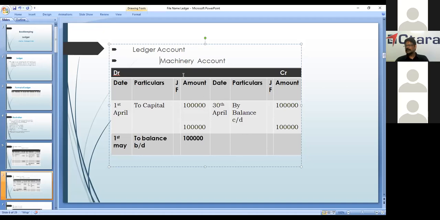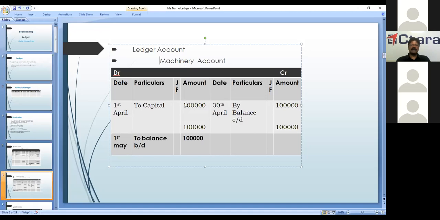Once again, machinery is brought into the business as capital. We are opening the ledger for the machinery account, right? Machinery is a debit item, so go to the debit column of the account and write 1 lakh here.